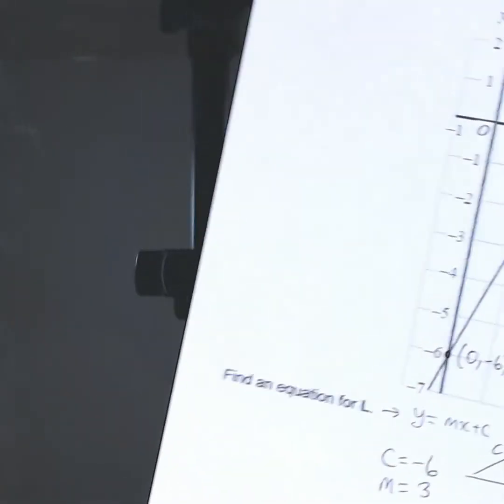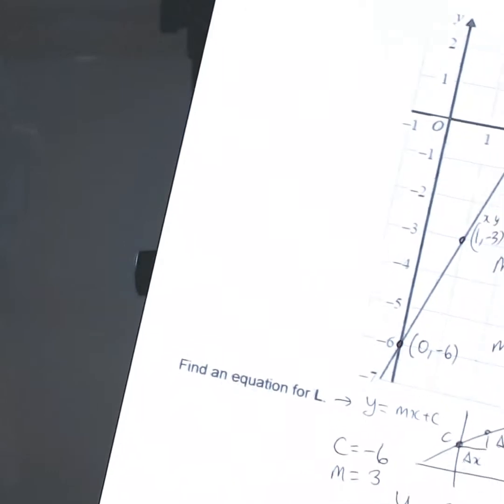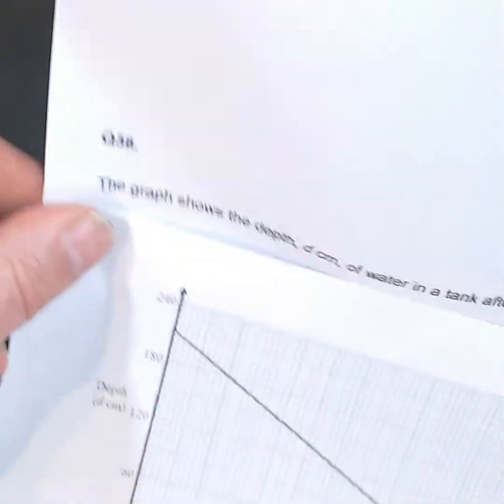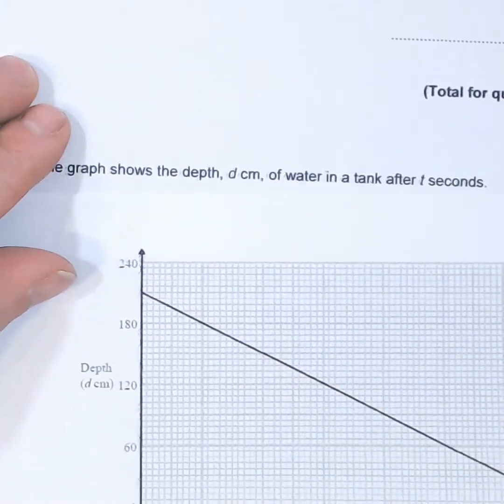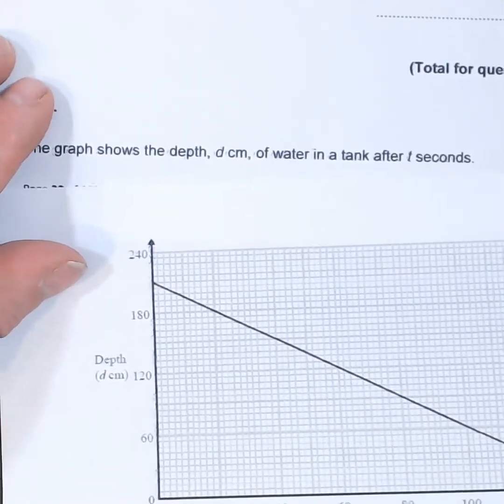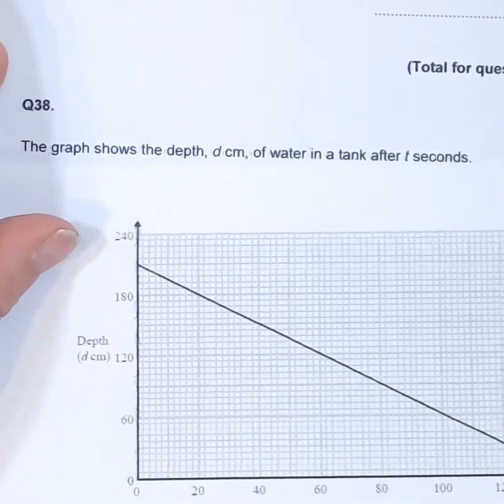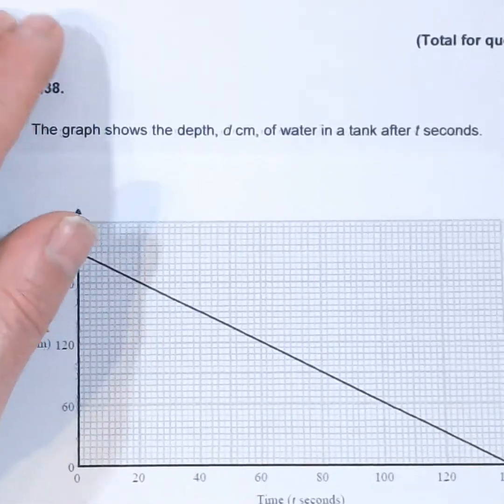Now the exam questions could involve real life graphs, and we've got one here where it's telling us that we've got a graph and it's telling us the depth of the tank after 20 seconds.